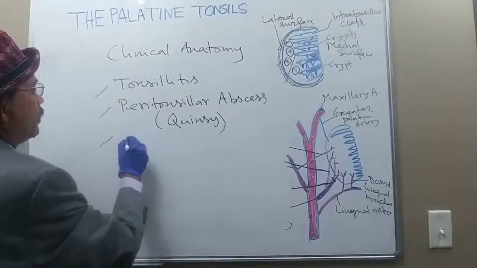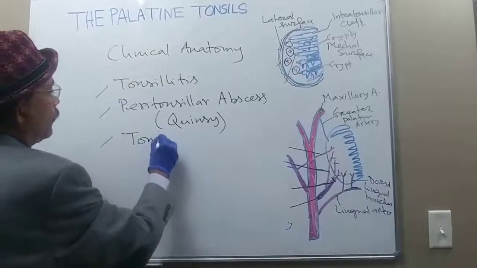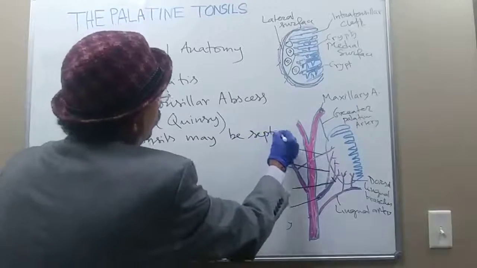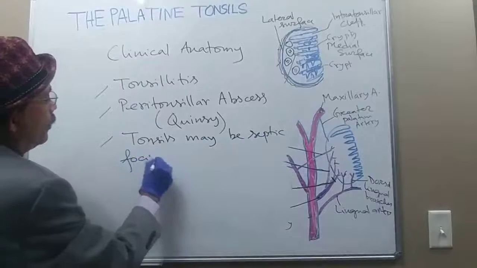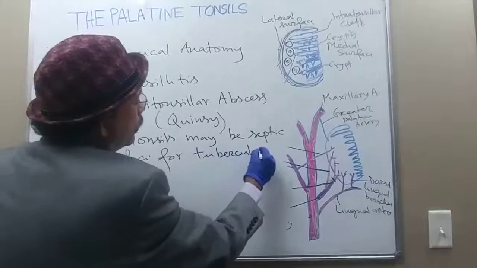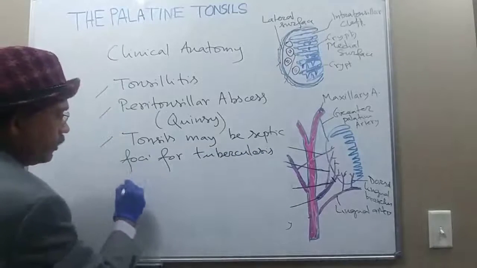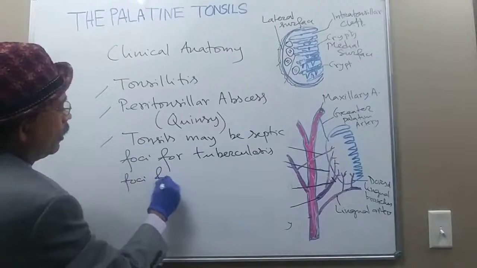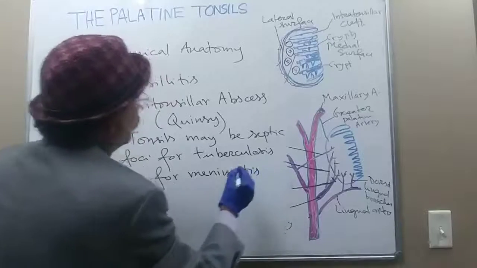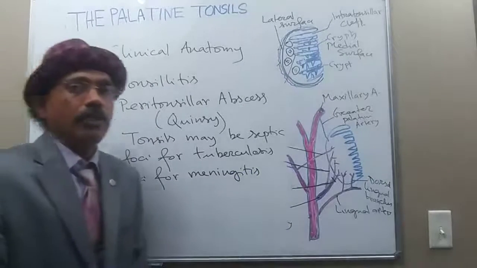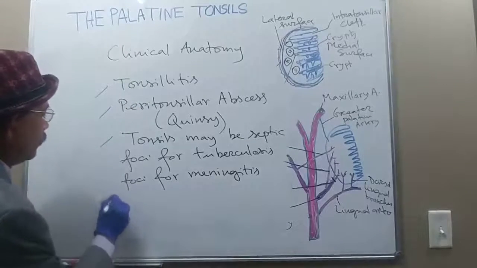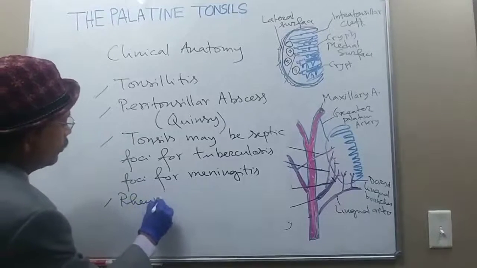Okay, so tonsillitis, and the tonsil may be the septic foci for tuberculosis, especially in overpopulous countries. Tuberculosis, and also it is a foci for meningitis. And we must know that in a certain percentage of children, if they have tonsillitis, that may cause rheumatic fever.